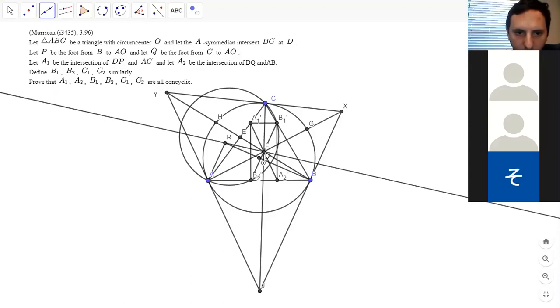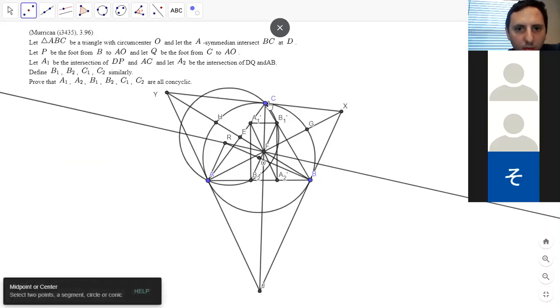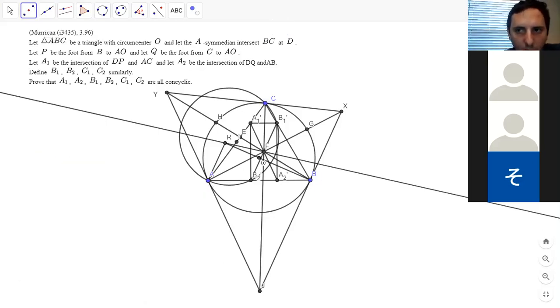Does it intersect anything? Yeah, we tried transforming it.